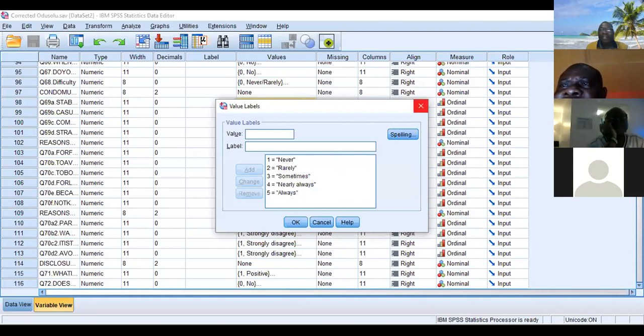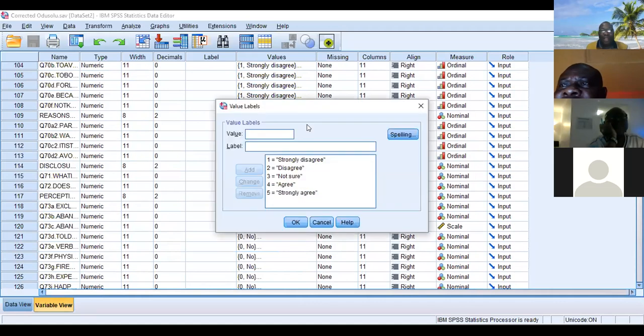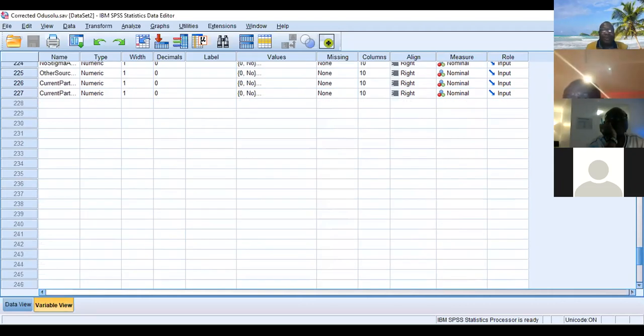There's some other scale. This one is strongly agree, disagree, not sure, sometimes agree, nearly always, always. It's the same thing with social sciences. You know, he has many scales he works with here.